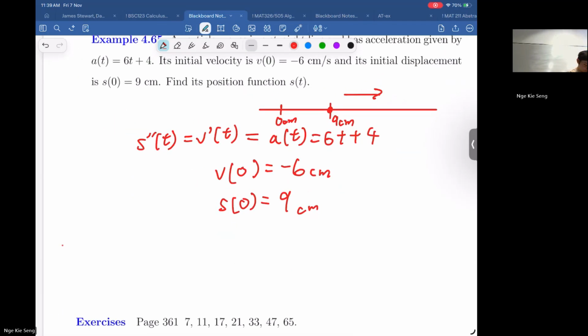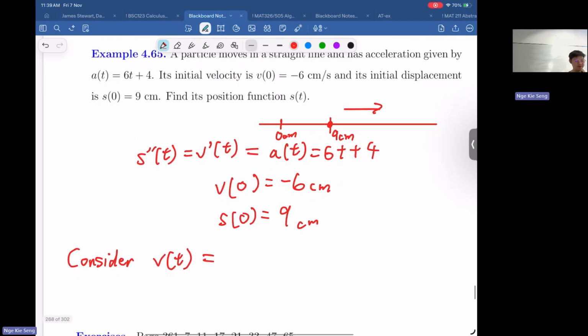So we'll consider taking V(t) to be... let's see. V(t) should be... you should increase your power, right, instead of decreasing.